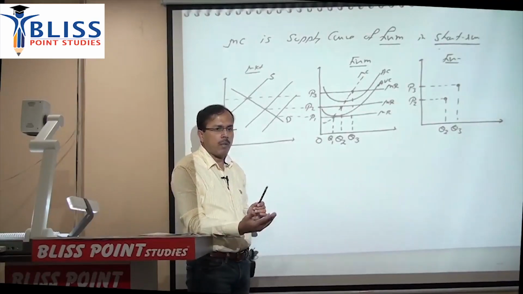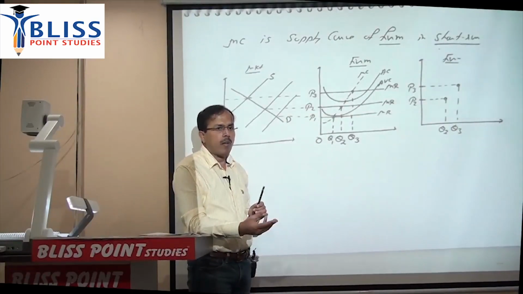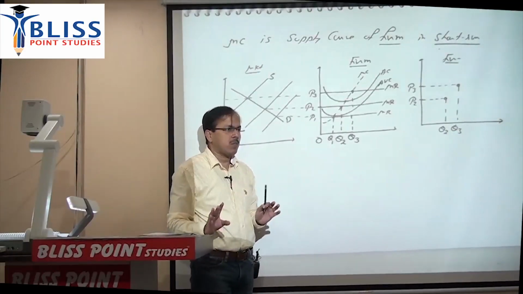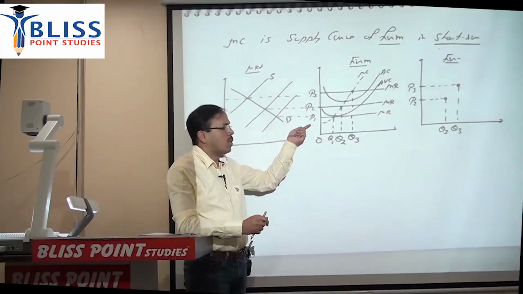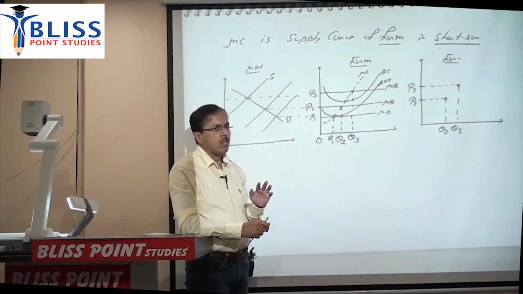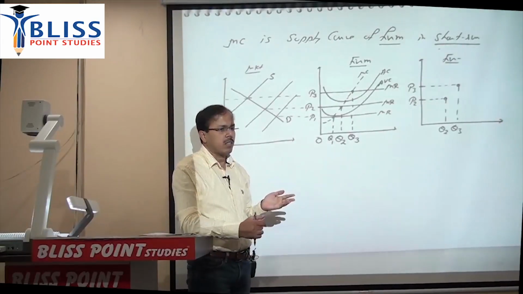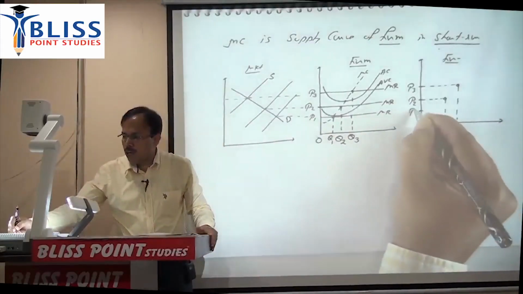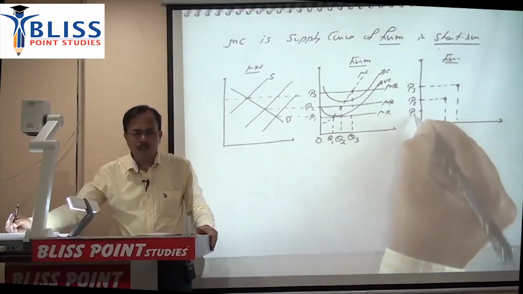Zero हो गया, वो operating profit भी zero है. So firm may decide to continue or firm may decide to, वो indifferent हो जाएगा at that price, but at any price lower than P1, how much is the supply? Zero.